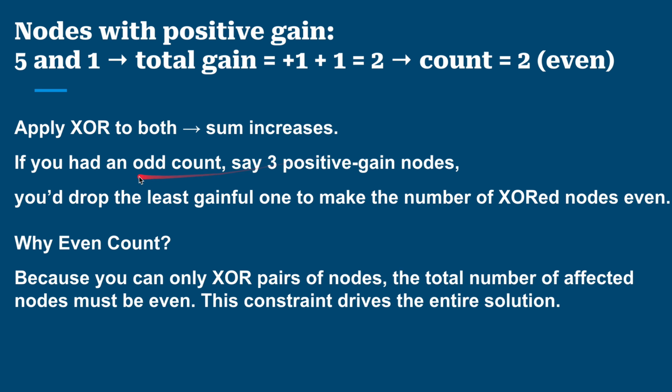If you had an odd count, let's suppose 3 positive gain nodes, you have to drop the least gainful one to make the number of XOR nodes even. One of them you have to drop. Why the even count? Because you can only XOR a pair of nodes. The total number of affected nodes must be even. This constraint drives the entire solution.